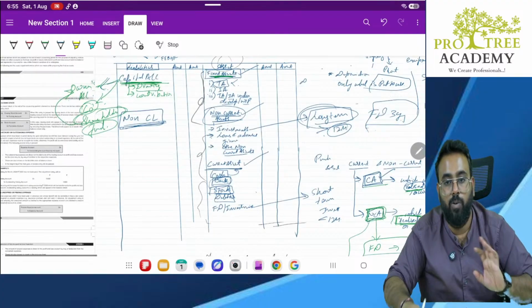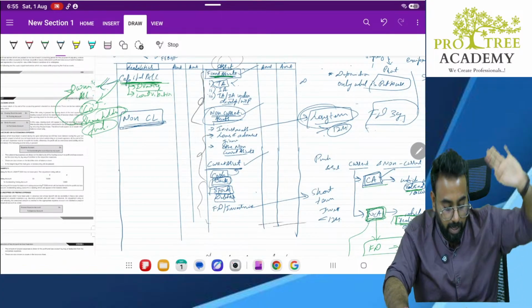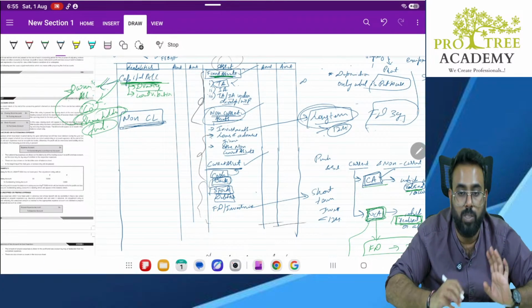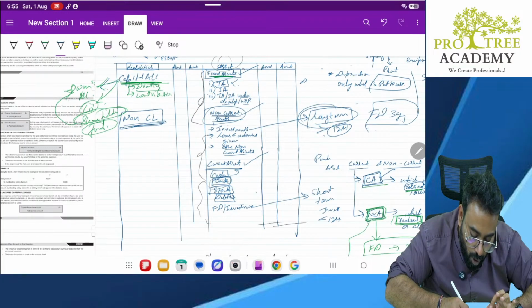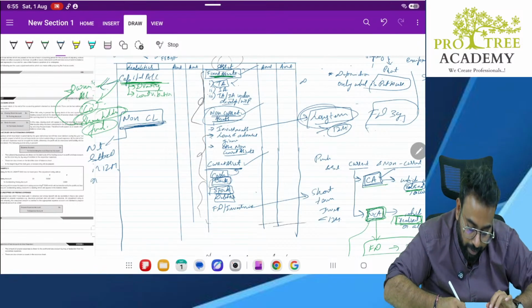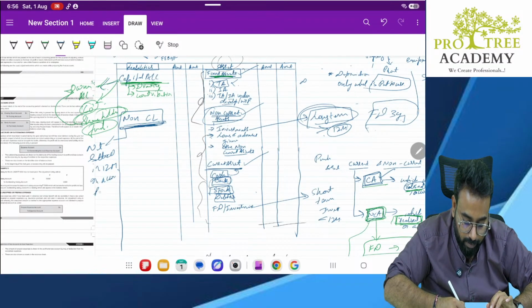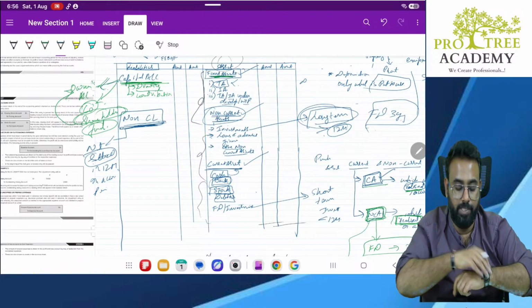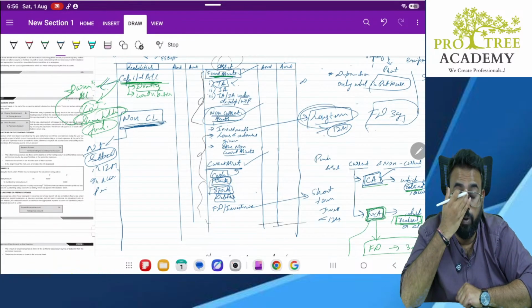Clear? So settled is the word used for paid. So non-current liabilities are those liabilities which are not settled in next 12 months or accounting period. Only one word changes. Here it is settled, there it is realized. Okay?